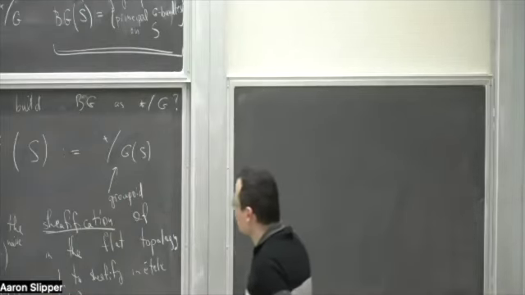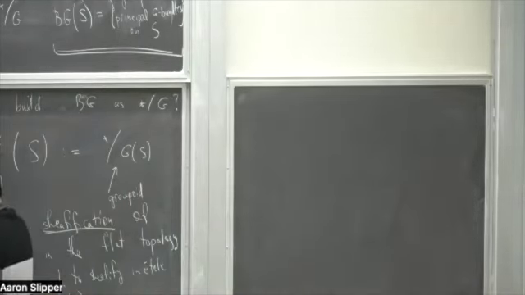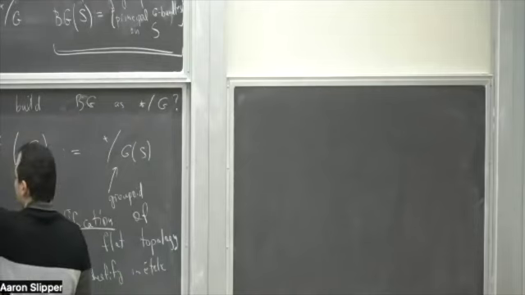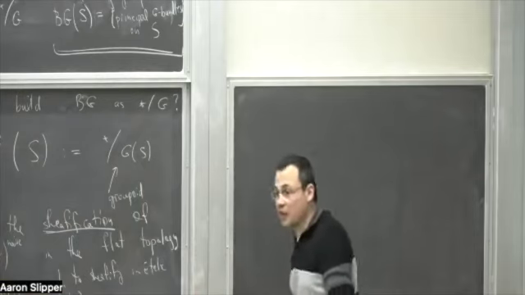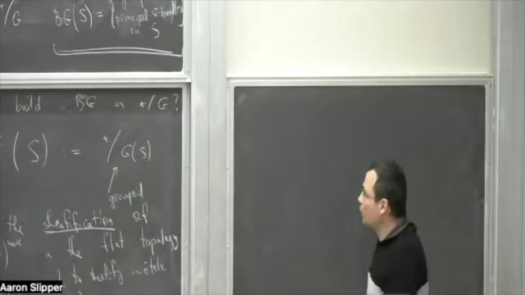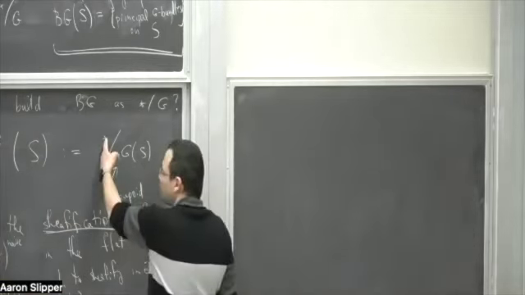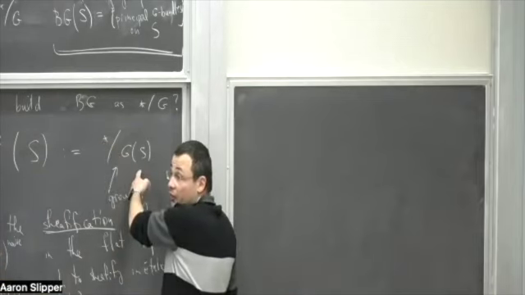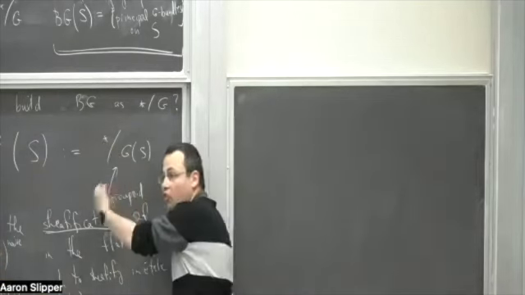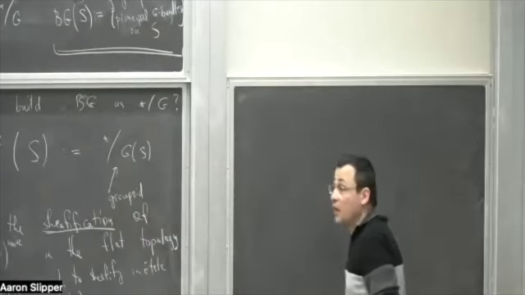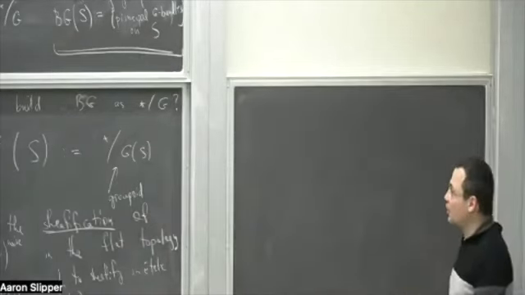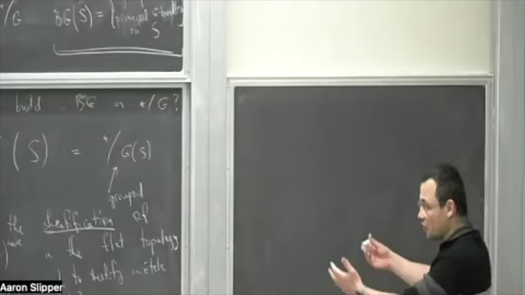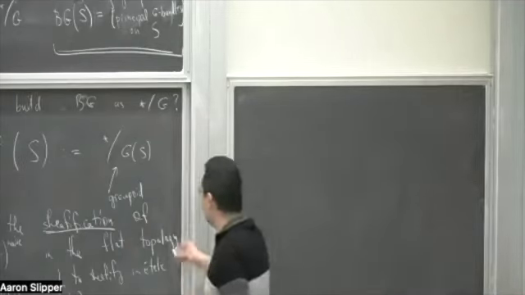But this suggests what to do if you have a scheme with a group action and want to take the stack quotient. Namely, do the same kind of thing: rather than the set of points, take the S-points, which defines a pre-sheaf of groupoids, and just sheafify it in the flat topology. The standard topology to use is the flat topology. And it turns out in good cases it's the same as the other one.